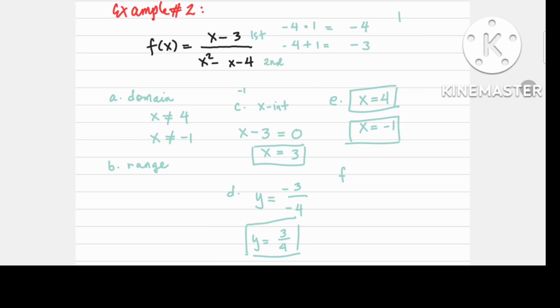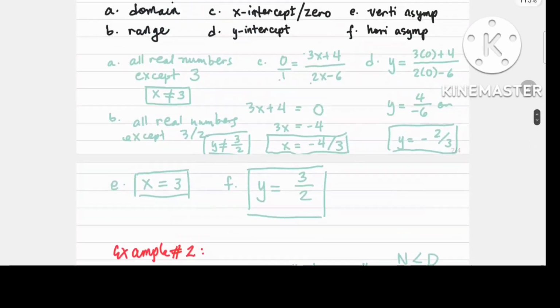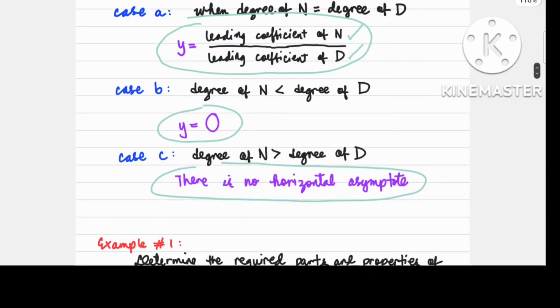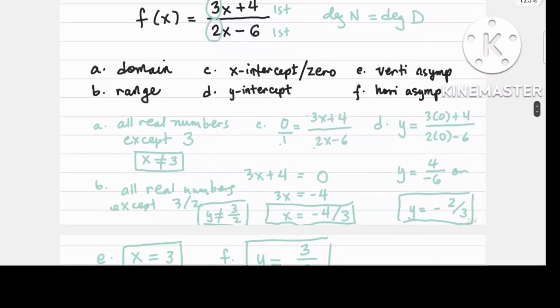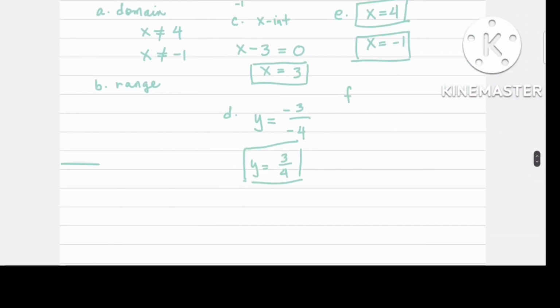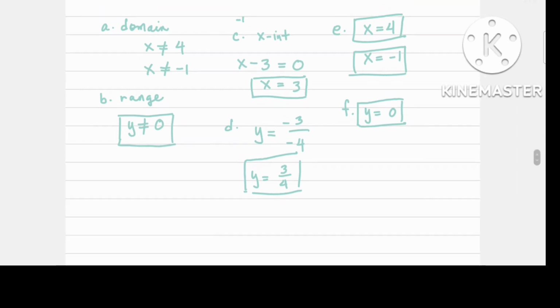So the degree of the numerator is less than that of the denominator, which means this is case B. And that means it's automatic that our horizontal asymptote is y is equal to 0. So that means our range is y is not equal to 0. We can use any real number except 0. Did you understand?